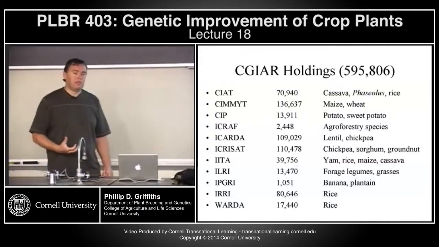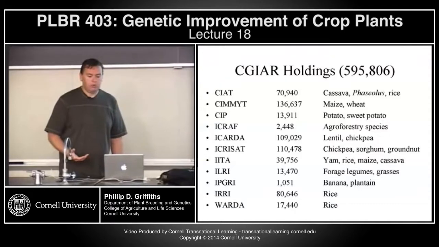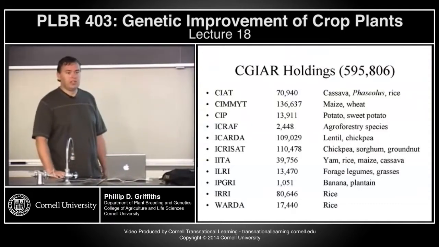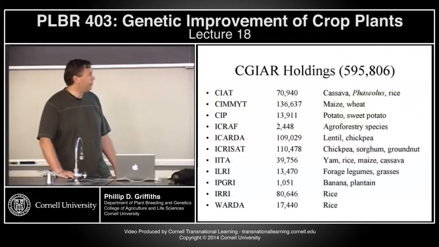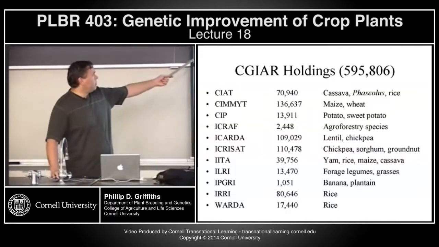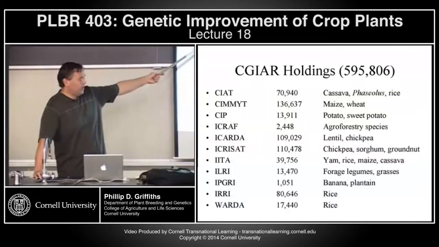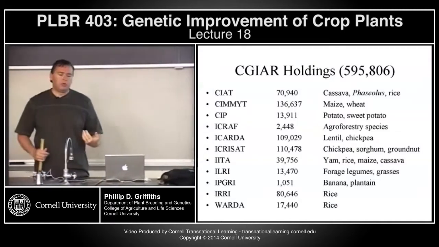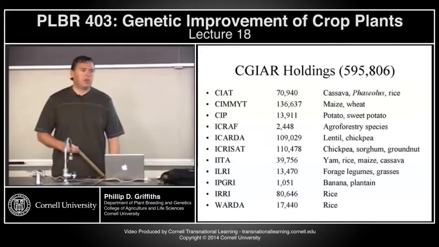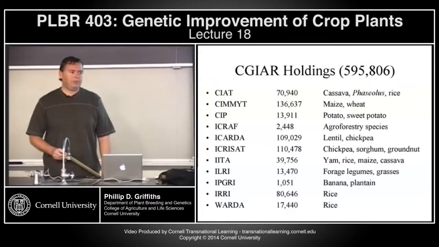So the US have not been a signatory on these recent international treaties on how to deal with plant germplasm. The first one was set up in the Convention on Biological Diversity in 1993, where there was a lot of talk about where countries utilizing germplasm would give some kind of payback to that country.